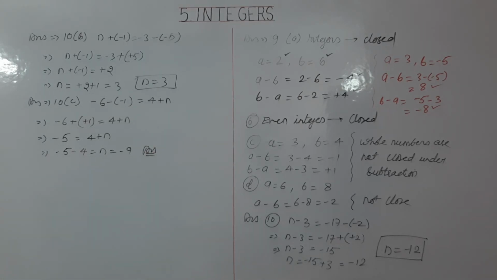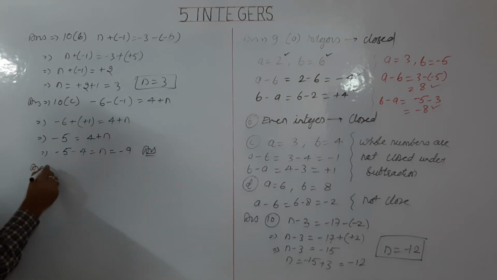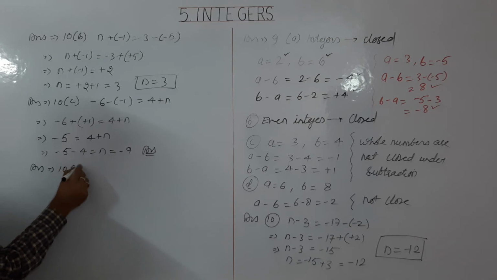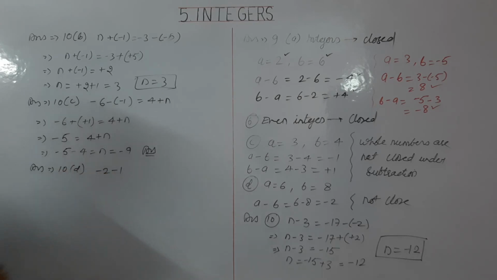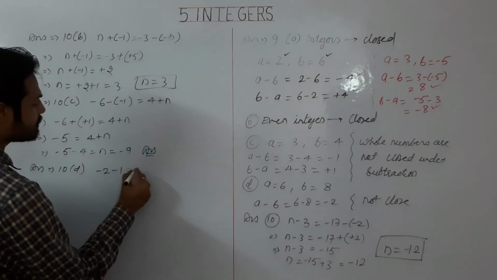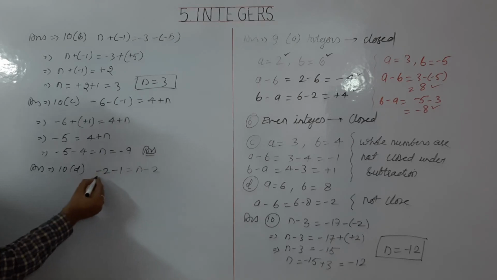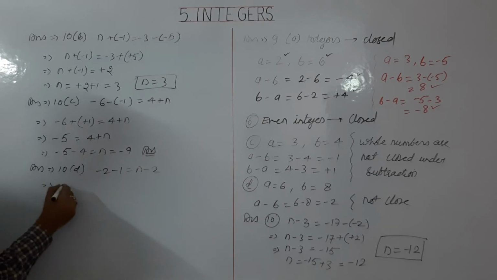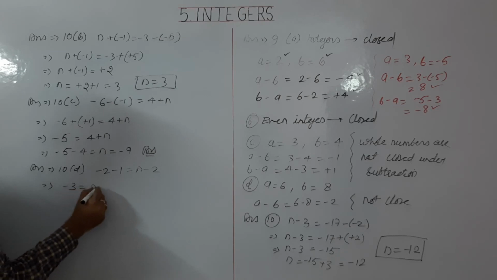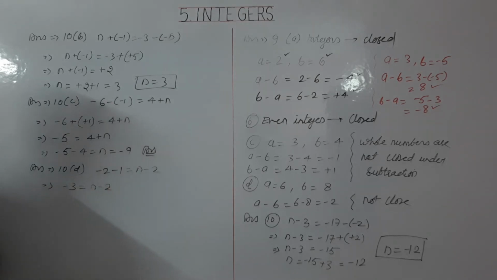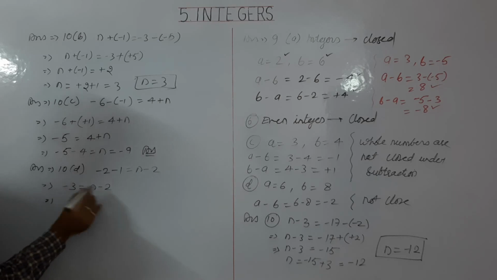And last, part D, minus 2 minus 1 and n minus 2 equals n minus 2. So simply we have to solve minus 2 and minus 1, minus 3 equals n minus 2, and just change its place.